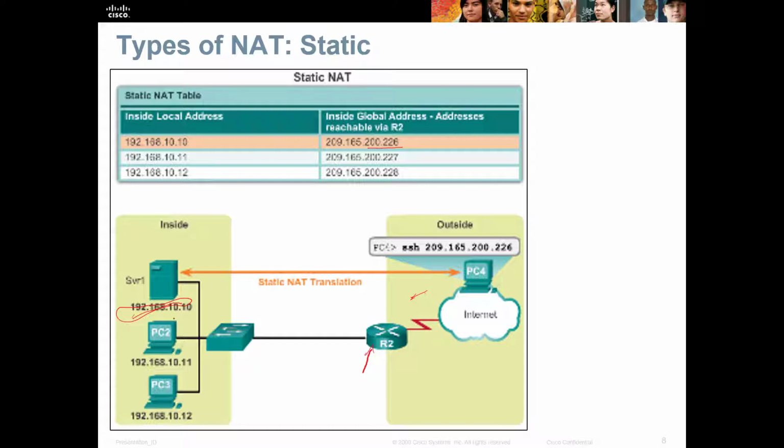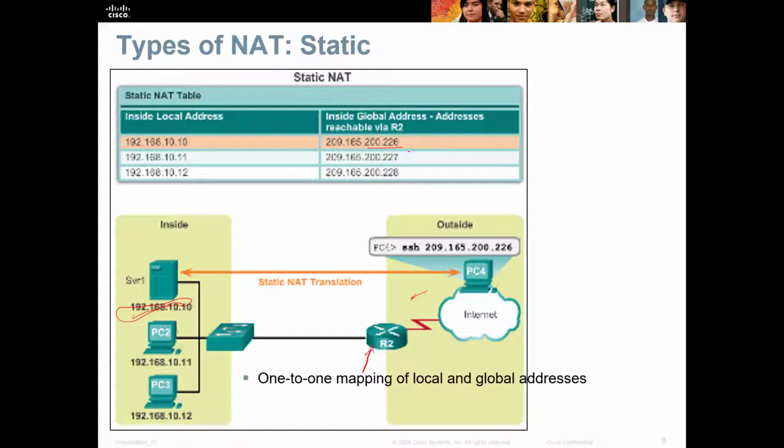When viewed from the inside by his fellow network mates on the inside network, he's known as 122.68.10.10. Okay? And these addresses are mapped one-to-one. All right? That's something you're going to want to see.